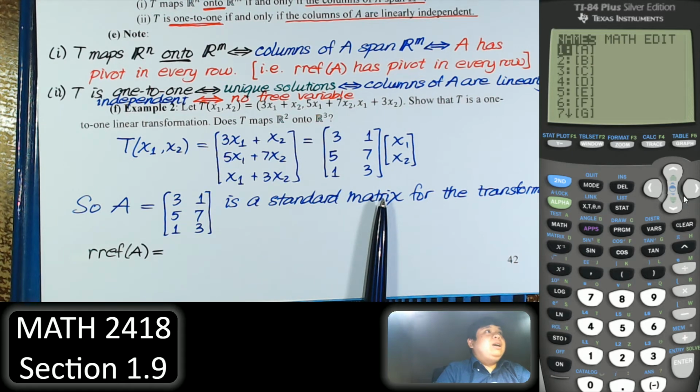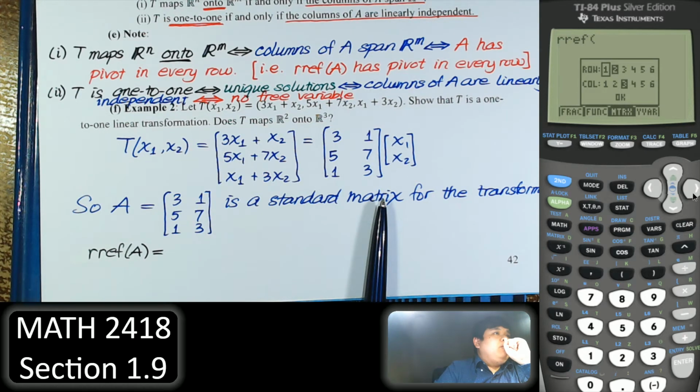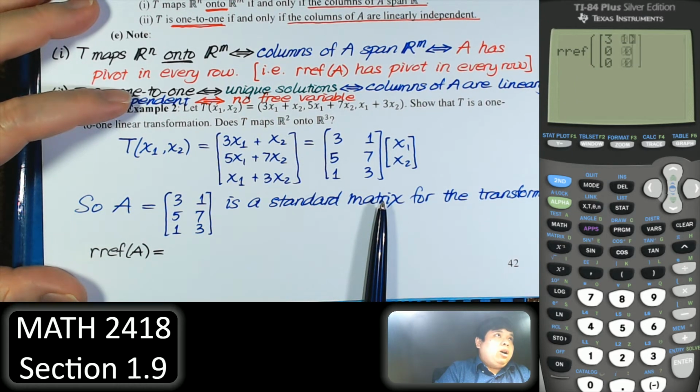Sorry, three rows, two columns: 3, 1, 5, 7, 1, 3.